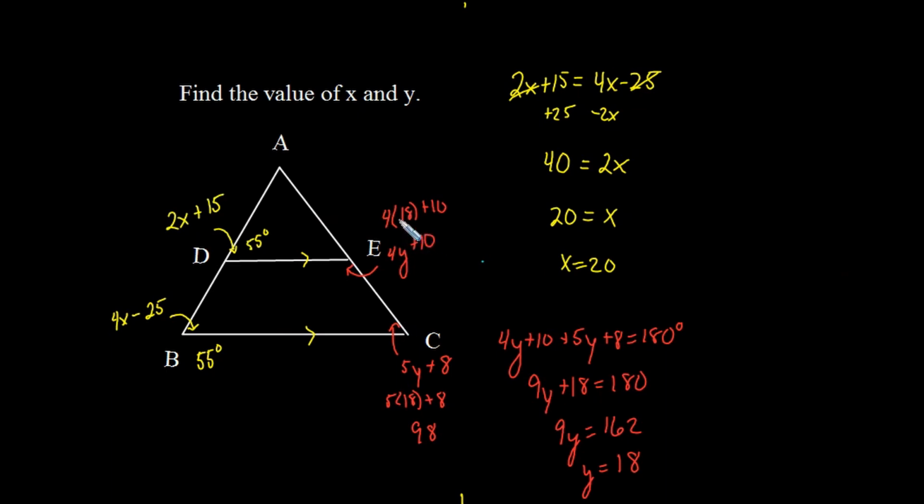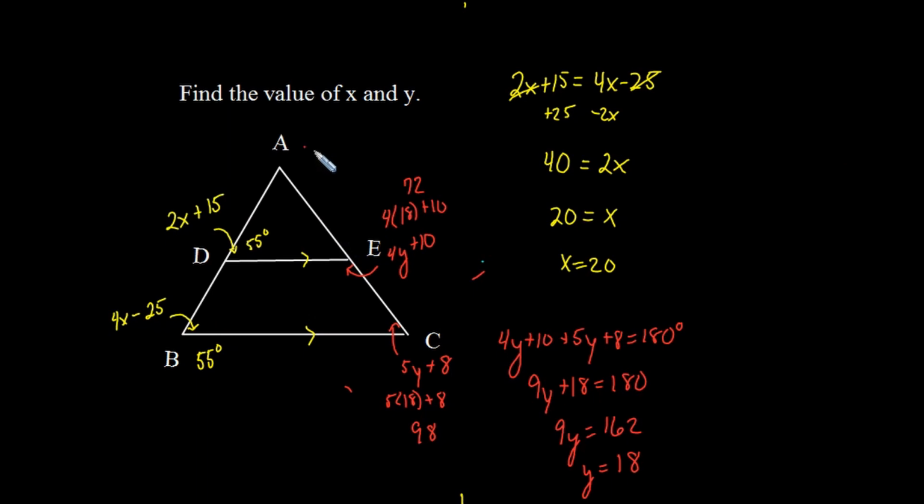So when we substitute in 4 times 18 plus 10 into this angle, we will get the measure to be 72. And remember that unlike our first two angles, which were corresponding and congruent, so we ended up with the same value, here when we substitute in, we should get supplementary angles, and 72 plus 98 is 180 degrees, and therefore we have something that fits with the parallel lines and these being consecutive interior angles.